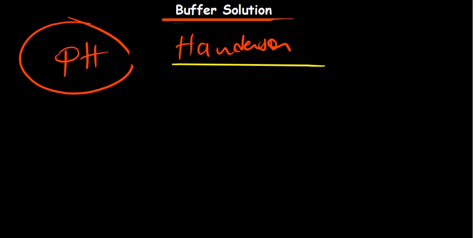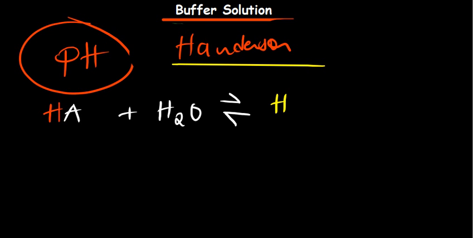It is a very simple equation that comes from a basic idea. Say HA is our acid, and it is dissolved in water. We expect the proton to be produced, along with something else. Let's name what we have.